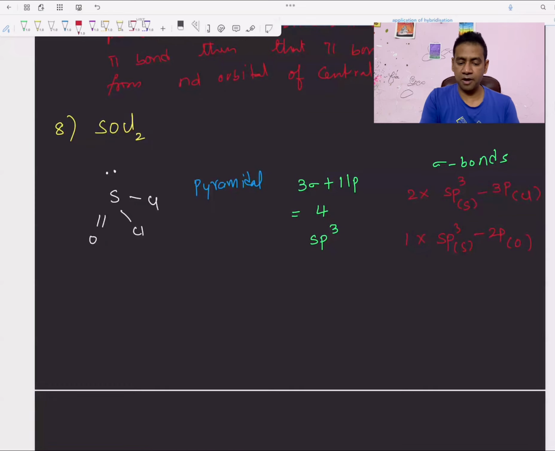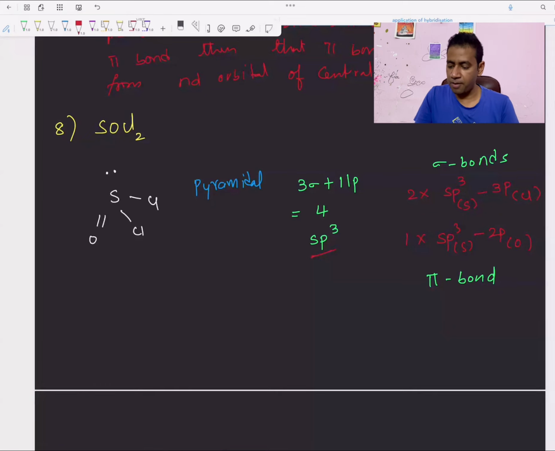Now apart from sigma bonds, it also has a pi bond, only one. You can guess where the pi bond comes from. It is sp3 hybridized, so there is no unhybridized p orbital to form a pi bond.